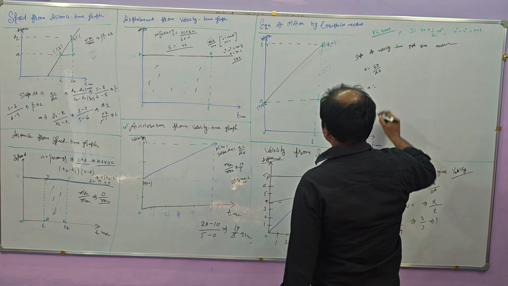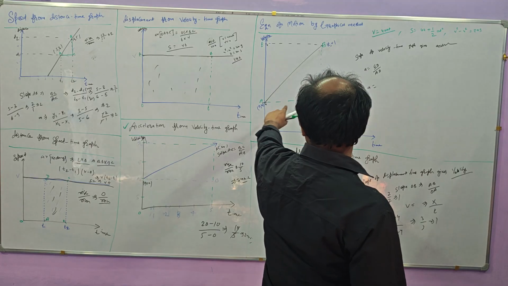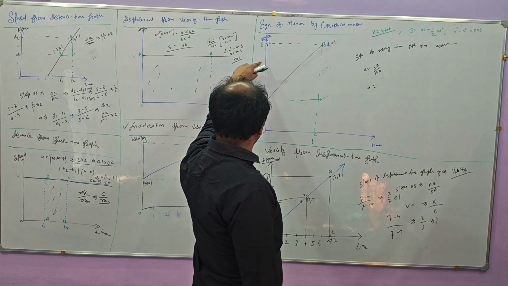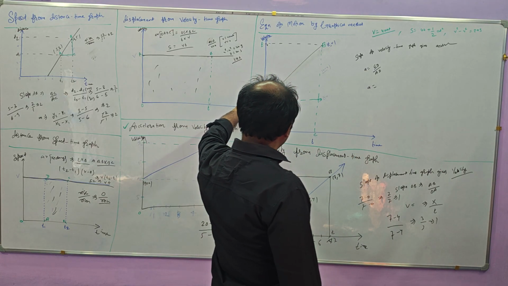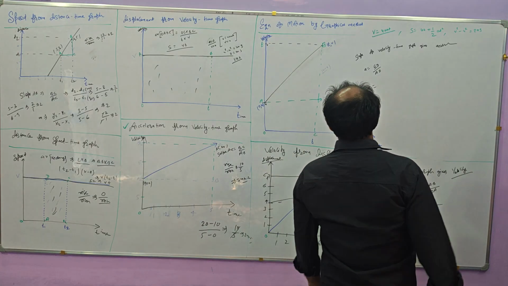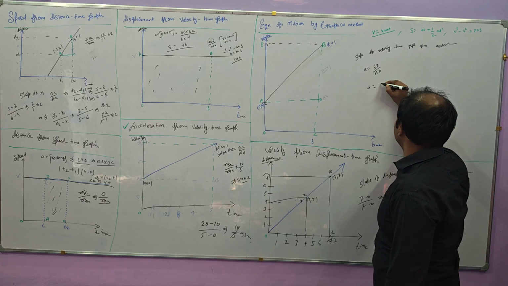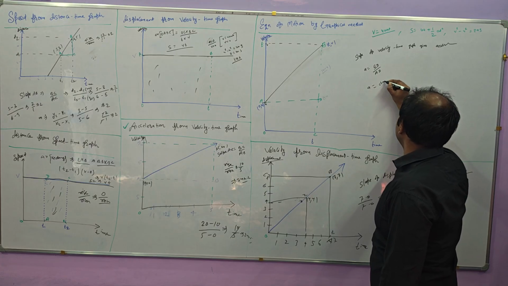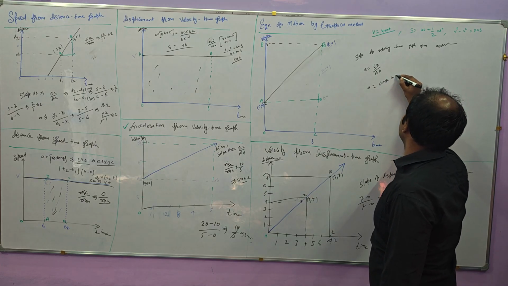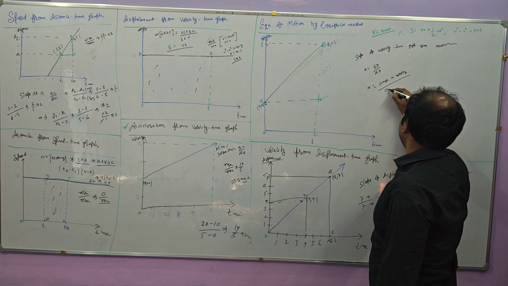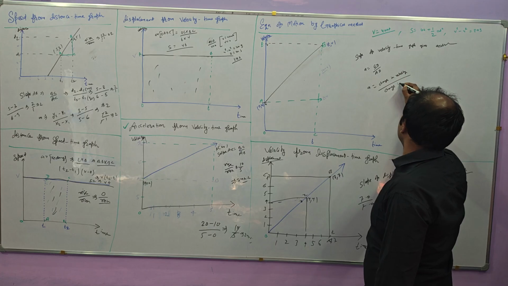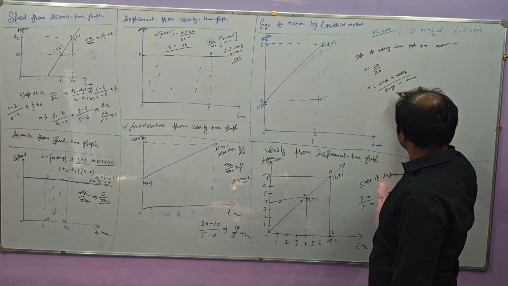And we know BD is equal to what? V minus U, at this position. Change in velocity, that means we can also write change in velocity upon change in time.